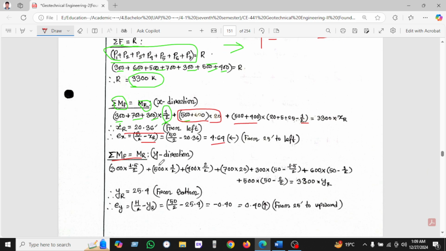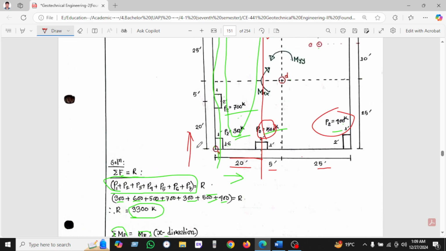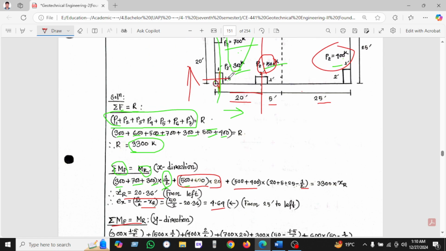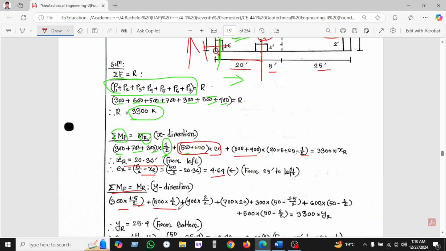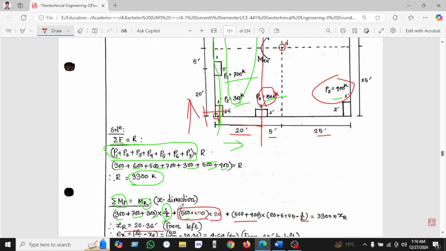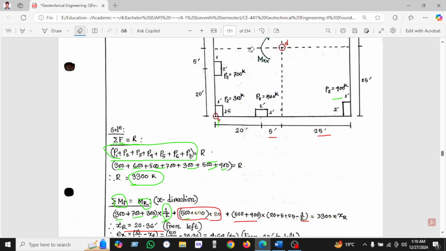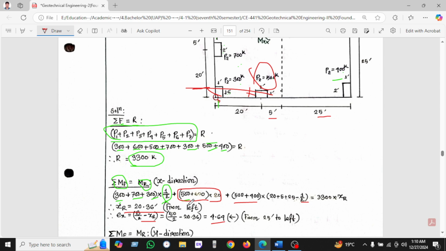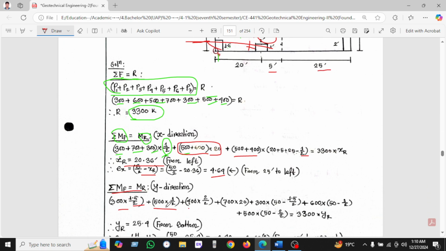In the same way we can calculate in the Y direction. So in the Y direction we will calculate 300 into 1.5, 300 into 1.5, 5 divided by 2, 1.5 divided by 2, and 500 into 1 by 2. So this is the 500 divided by 2. I am erasing the previous one. So this is the second calculation: 5 into distance 1 by 2, and 400.